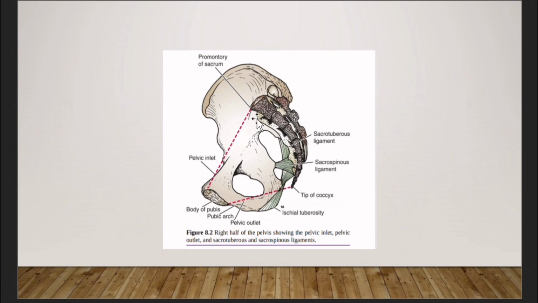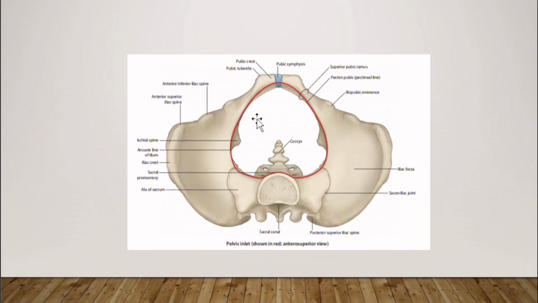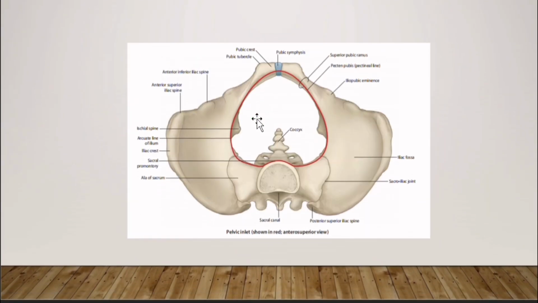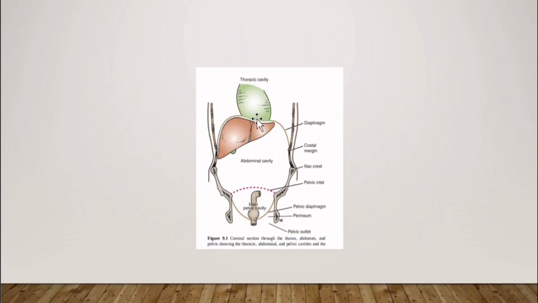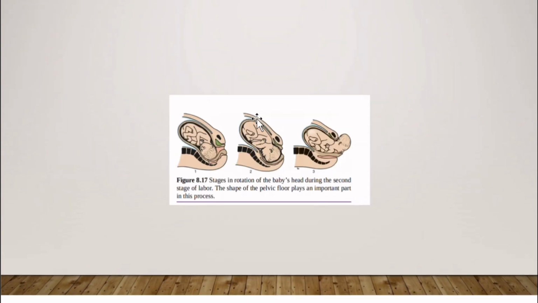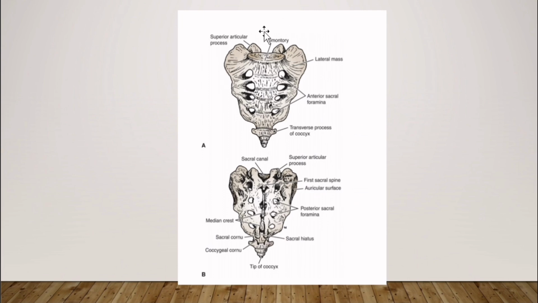Then when we look at the coccyx, let's just look at this coccyx. Can you see the coccyx anteriorly, the lateral masses, and this on the sacral promontory.